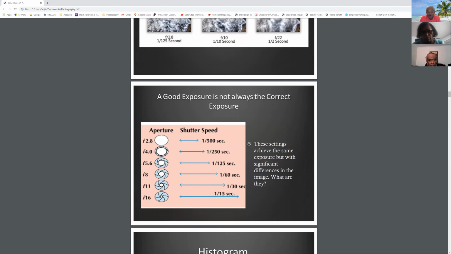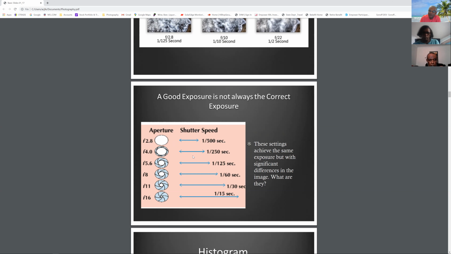F16 is a small hole, and to get the correct exposure, you have to expose for a longer period. When I say 1/15th, that is much longer than 1/500th of a second, right? But 1/500th is very fast, and then the aperture is fully open, it's 2.8, okay? But this is something that you need to think about. What happens if I set these things, and what kind of picture am I going to get?